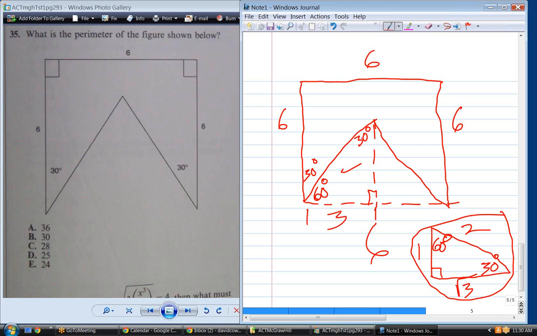So if the side opposite this 30 is 3, what is the hypotenuse of this triangle? 2. What's the similarity ratio? The hypotenuse of this triangle was 2. But this is not the same size triangle. How much bigger is each side on this triangle relative to this triangle down here?